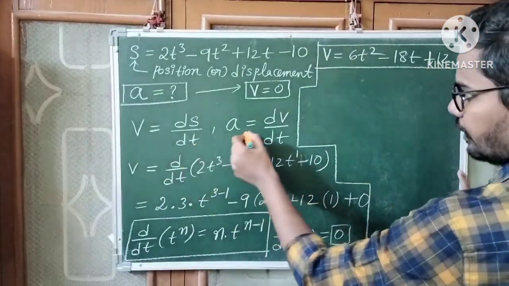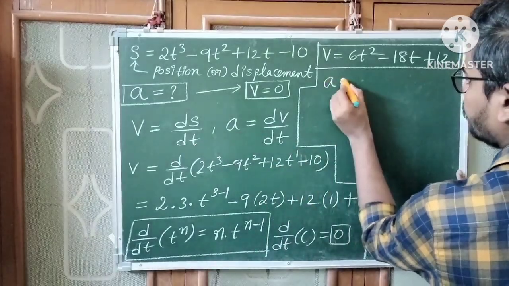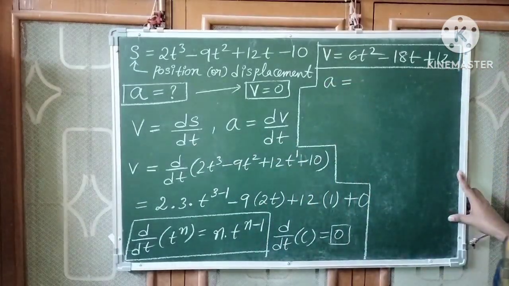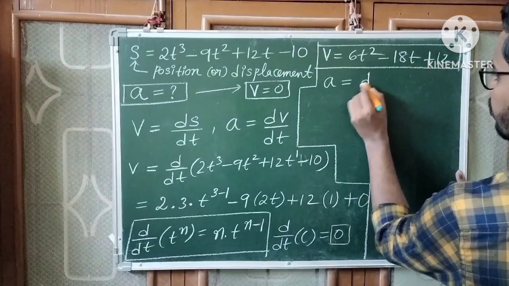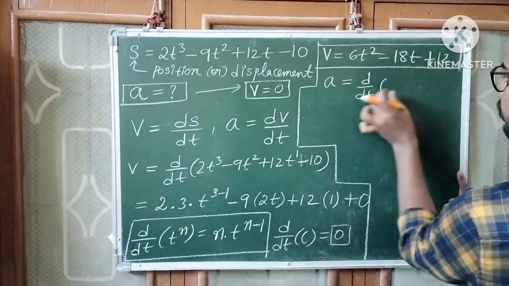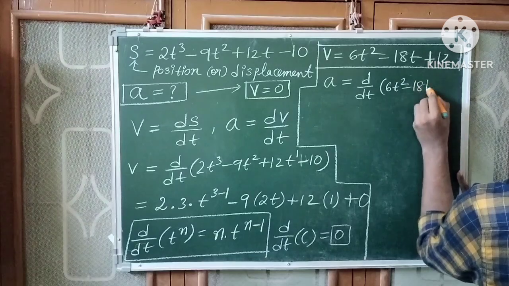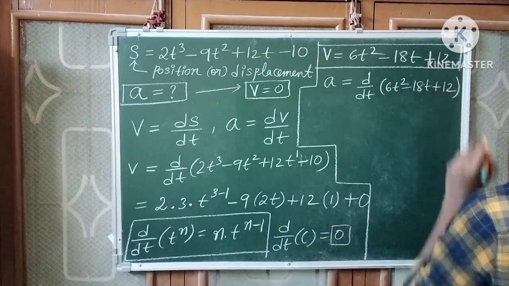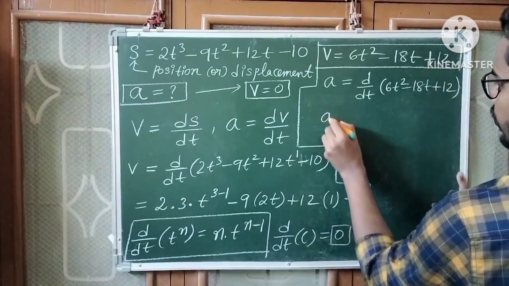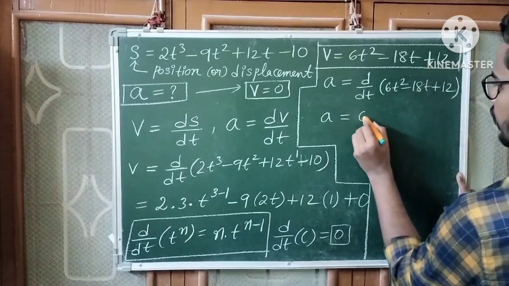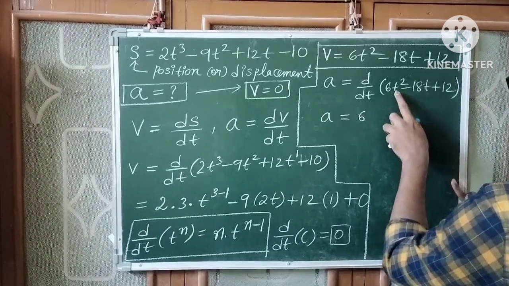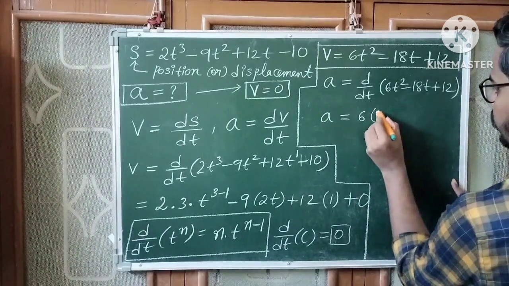Next, let us find acceleration. Now acceleration a is equal to dv by dt. So d by dt of v. Velocity is equal to 6t square minus 18t plus 12. 6 is constant. Take out 6. Derivative of t square with respect to t is 2t.